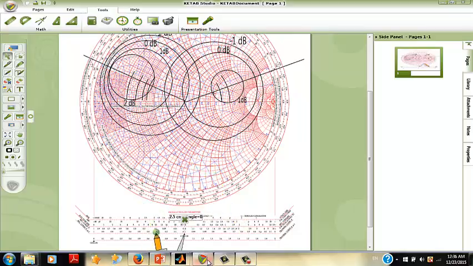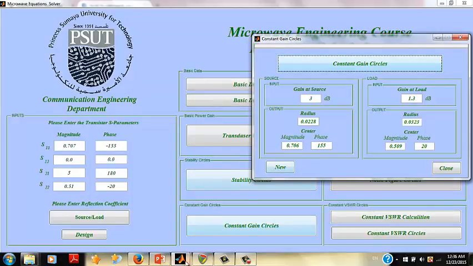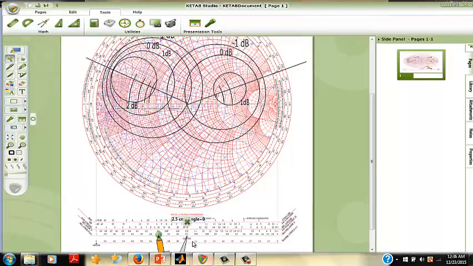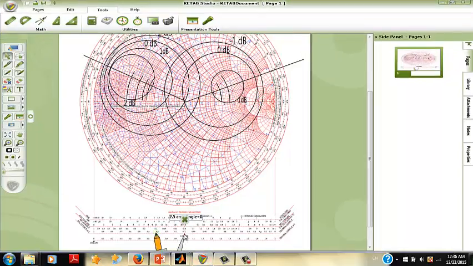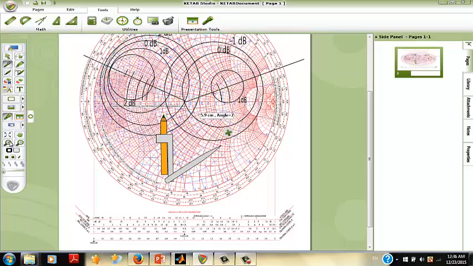You open it by 0.706. This is the constant gain circle for 3 dB.